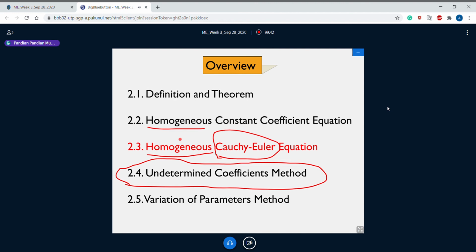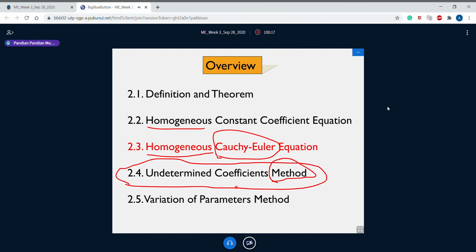Basically, this is the method to solve the non-homogeneous part. In some problems, it works. But because we cannot guarantee, it is a trial and error method. It is not definite, and you are not very sure that you will get the solution.